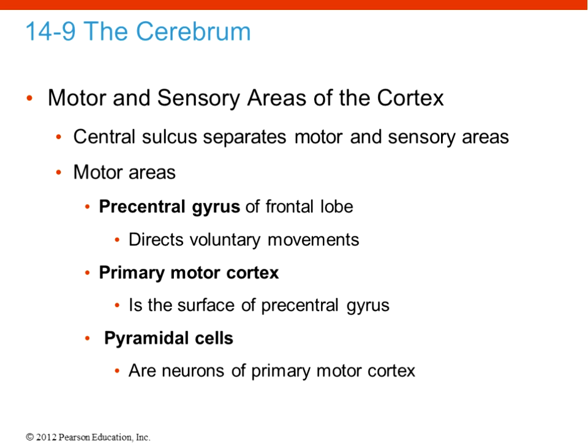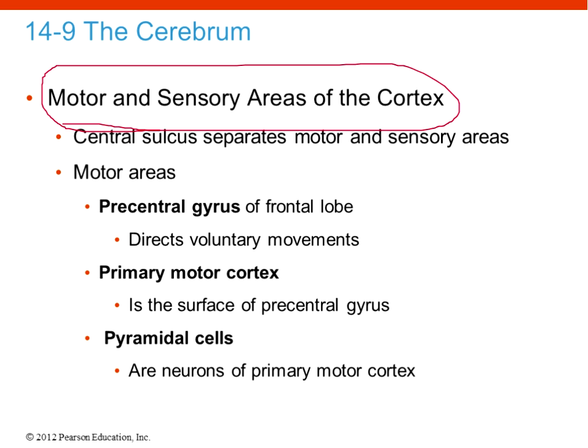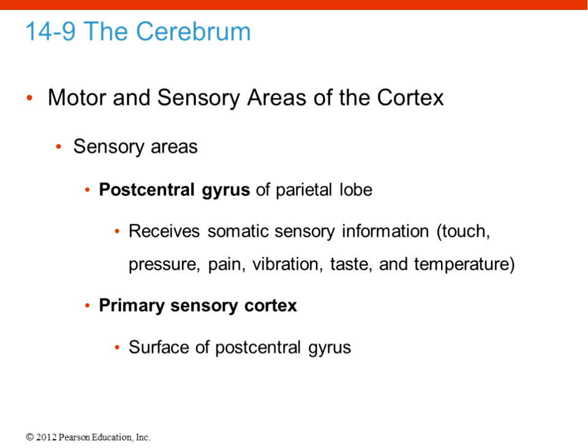Onto the cerebral cortex, which is the top portion of the gray matter in the brain. And there are different regions that are responsible for different areas. And so two of the things we want to look at are the motor and sensory areas of the cortex. Motor areas are in the precentral gyrus of the frontal lobe, also referred to as the primary motor cortex.